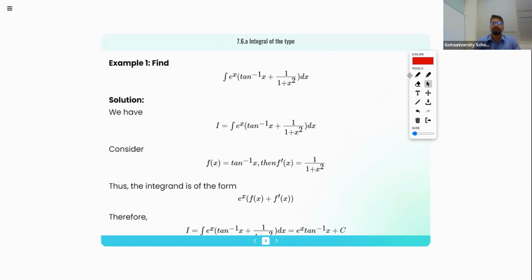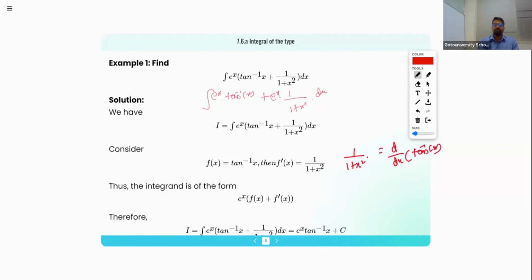See this. We have a question here: the integral of e power x into tan inverse x plus e power x into 1 by 1 plus x square dx. Here you have to observe that 1 by 1 plus x square is nothing but d by dx of tan inverse of x.